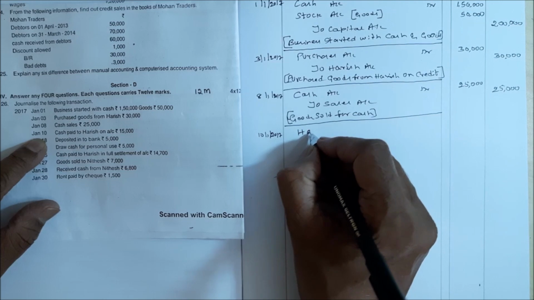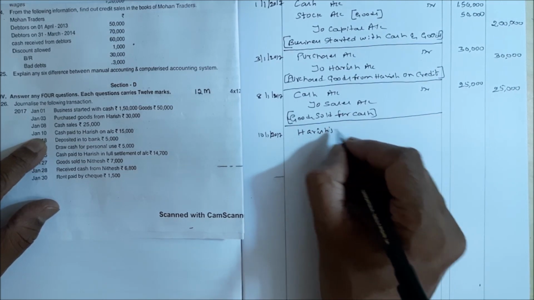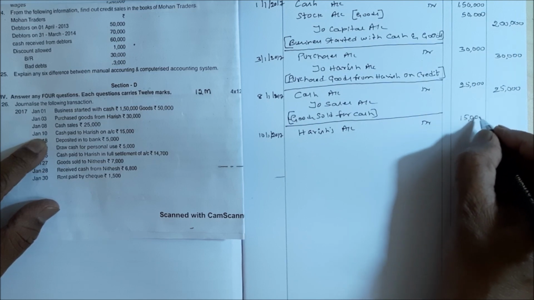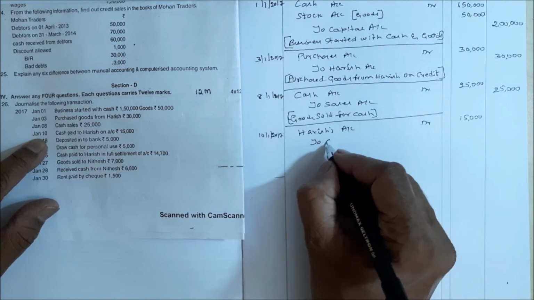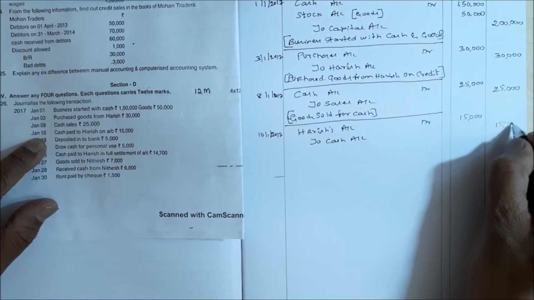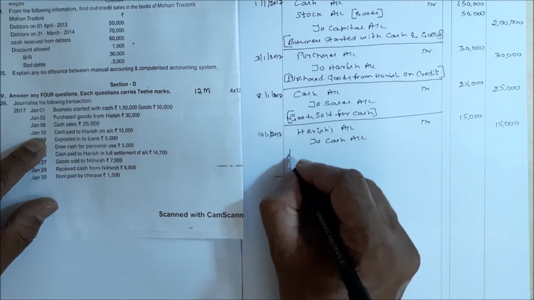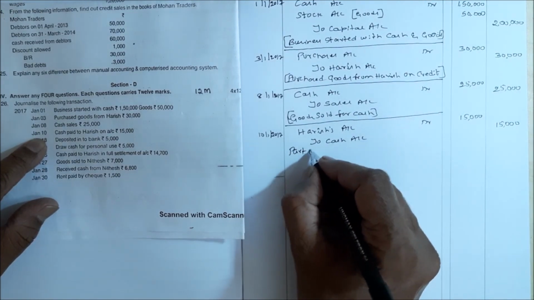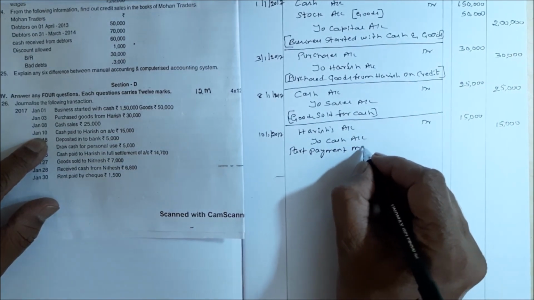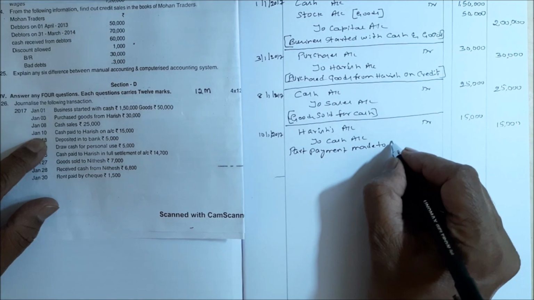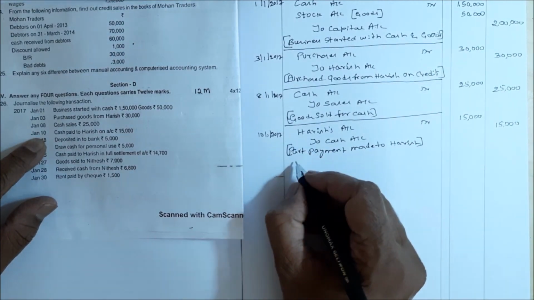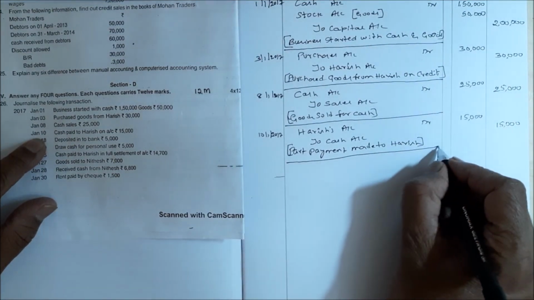Harish account debtor 15,000 to cash account 15,000. Part payment made to Harish.